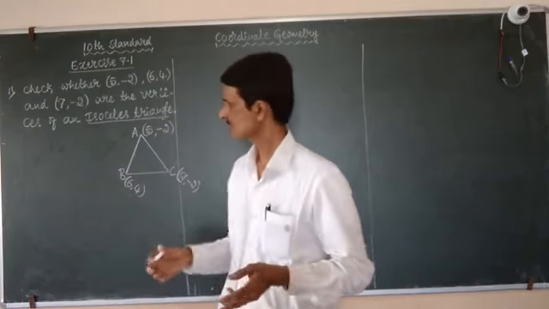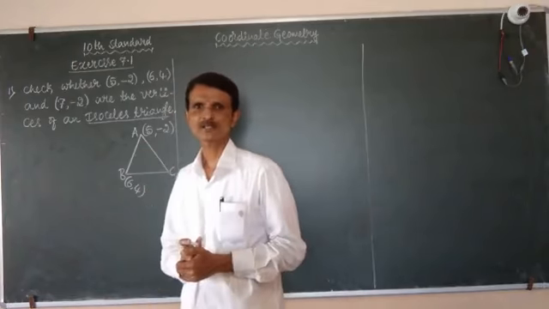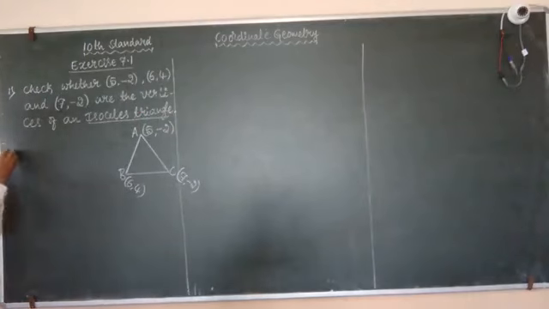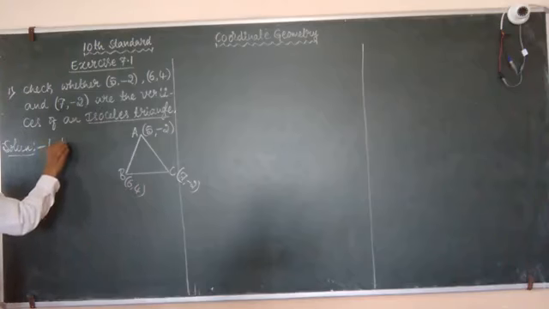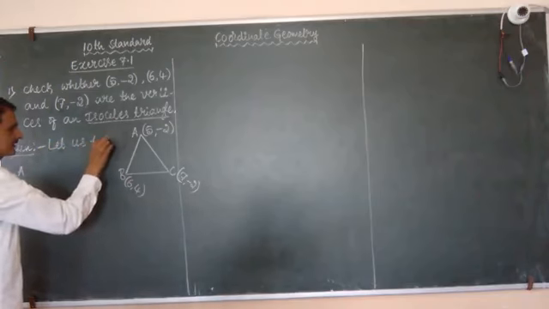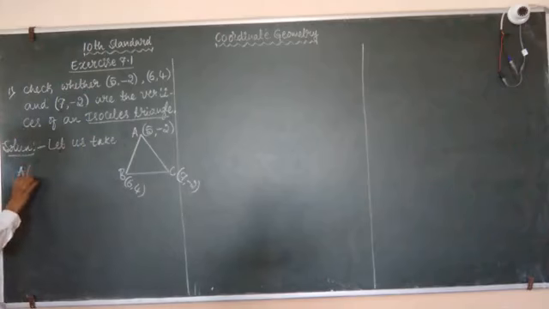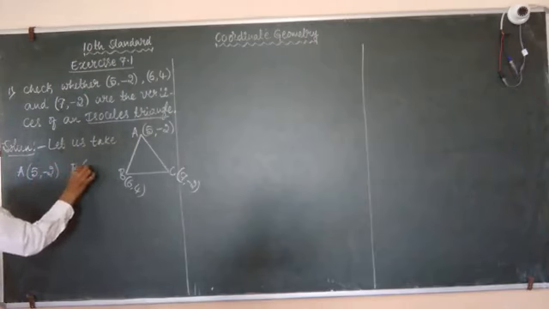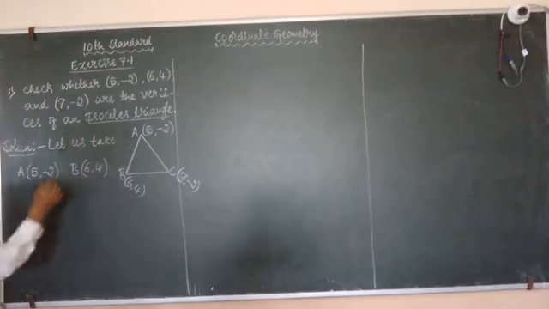So students, shall we simplify the problem? Okay, yes, let us take A (5, -2), B (6, 4).